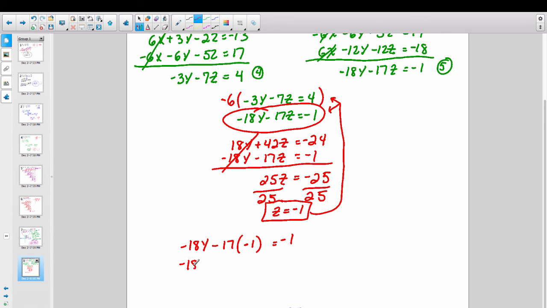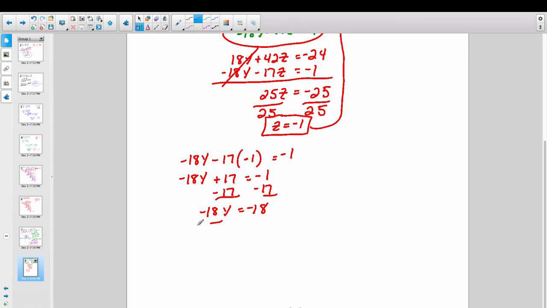So negative 18y plus 17 equals negative 1. Take away 17 from both sides because I'm now trying to solve for y. And I get negative 18y equals negative 18. Okay, that's easy. Divide both sides by negative 18, and there you have it. Y equals 1. There's your second answer. So we have z equals negative 1, y equals positive 1.